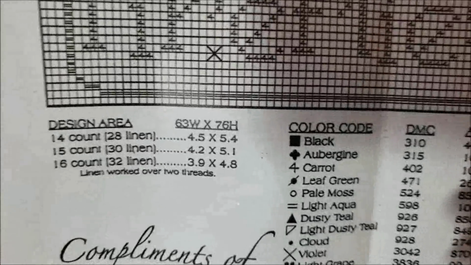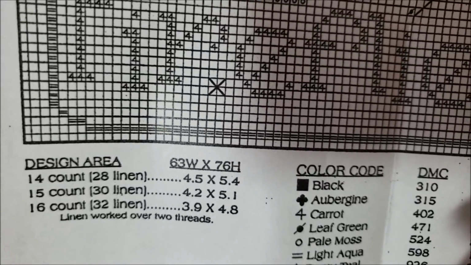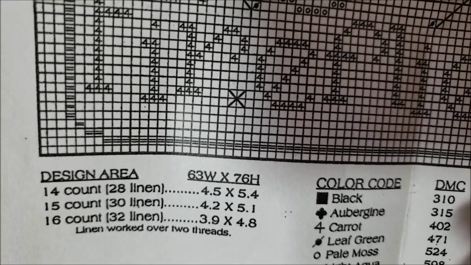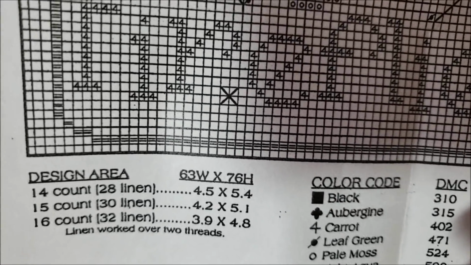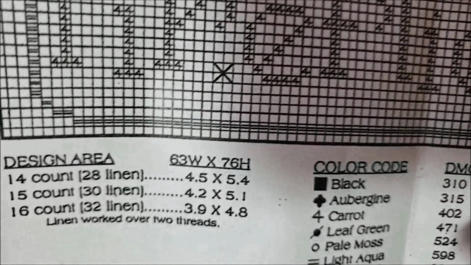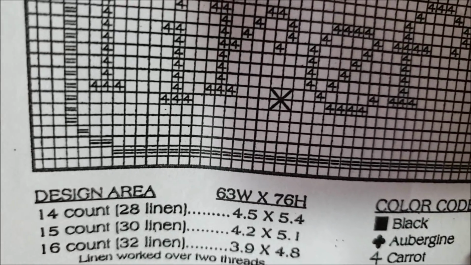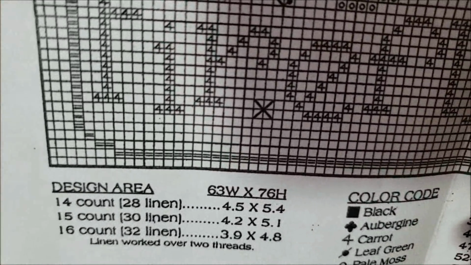Oh my God. Okay. They will give you the size that your stitched piece is going to be. On this one, it tells you 3 different sizes: 14 count Aida or 28 count linen, because we stitched 2/2.